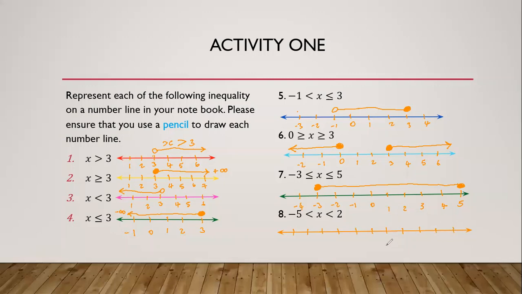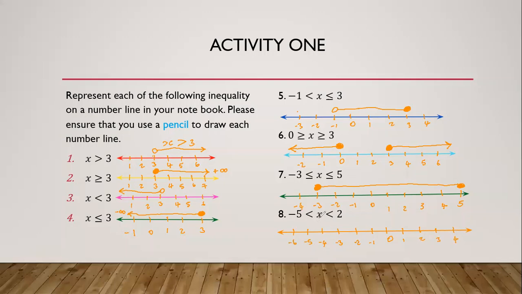So let's say that 0 is here. So to the left of 0, we would have -1, -2, -3, -4, -5, all the way up to -6. To the right of 0, we're going to have 1, 2, 3, and 4.